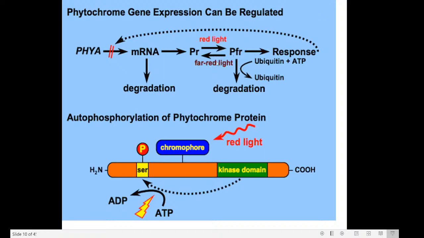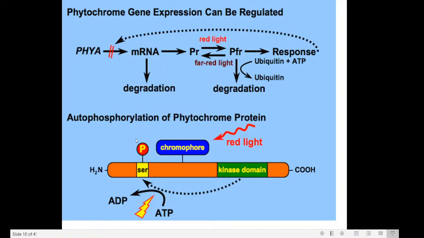But here they mention red light, which means phytochrome 2. Phytochrome 2 responds with ATP, and these all lead to degradation through the ubiquitin molecule.